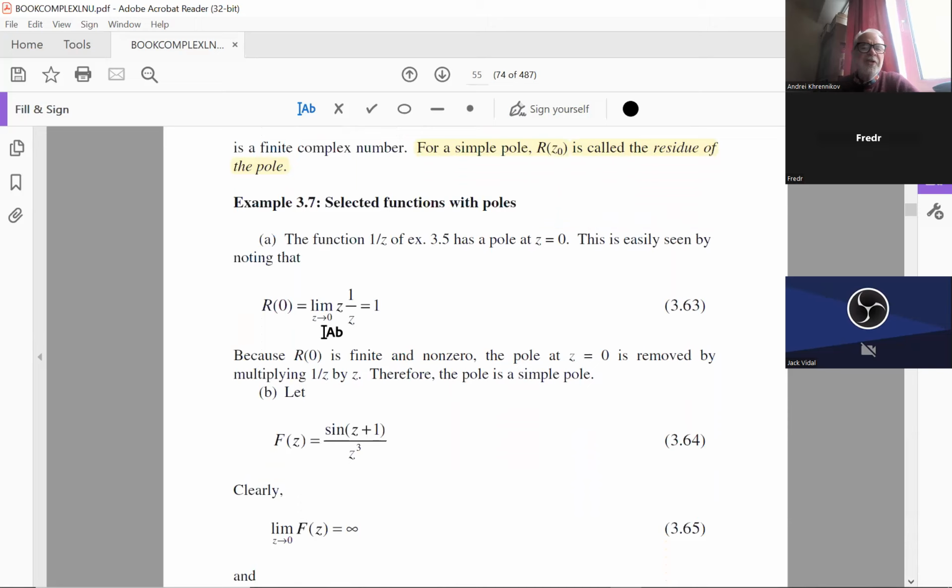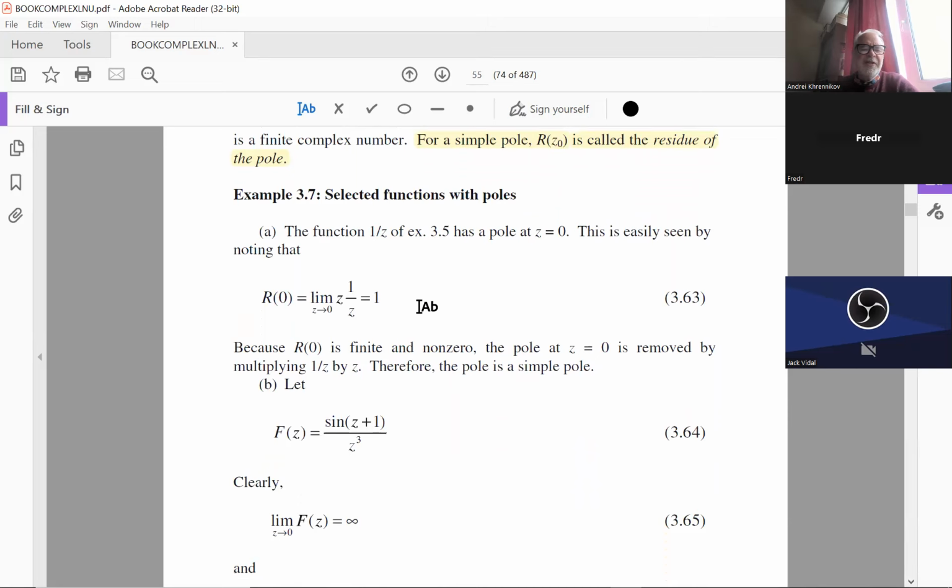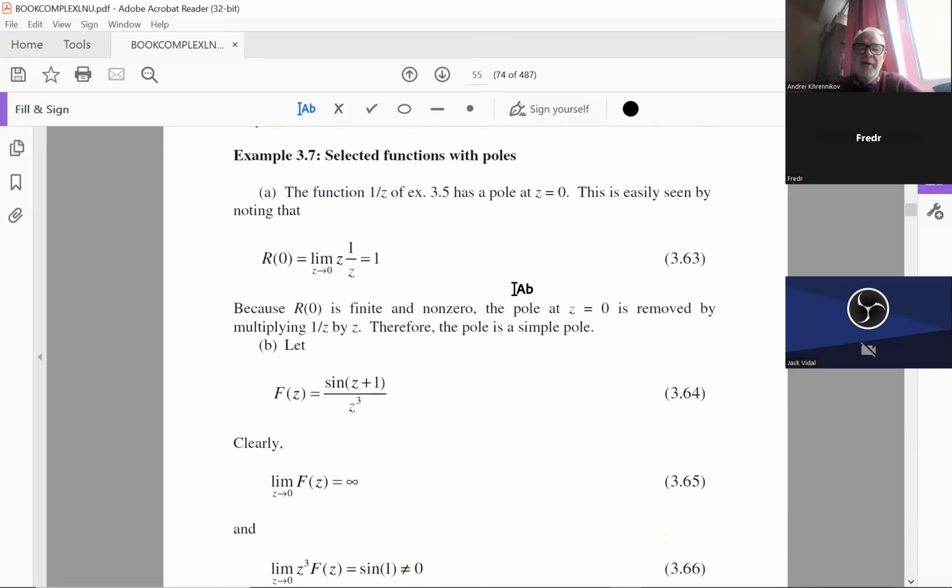Okay, so now we go to our function 1 over z, and it is clear that it is a pole of the first order. And how do we remove it? Multiply by z. So this is just 1. So the residue at the point z0, which is the singularity, is equal to 1.